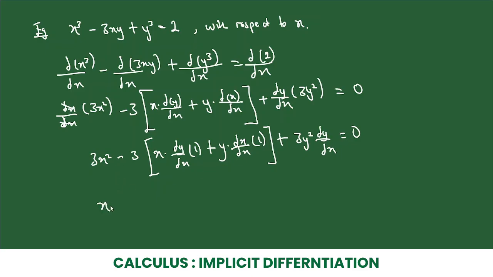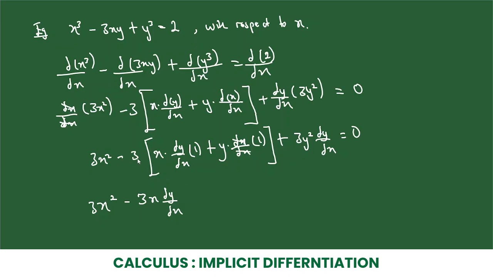So let's expand this bracket. So 3x squared minus, this is 3 multiplying x multiplying dy/dx, so we are going to have minus 3x dy over dx. Then minus 3 multiplying y multiplying dx over dx, which is 1, so the dx will cancel the dx and go away.